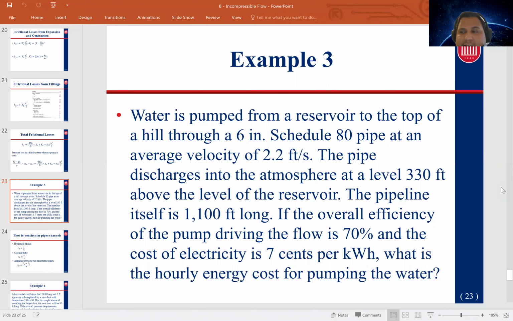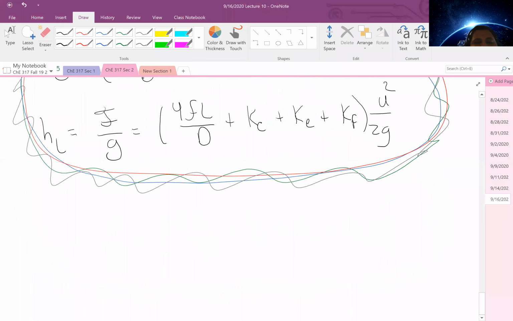And so on your homework this week on that synthesis assignment, when I've asked you to develop a flow chart to solve particular problems, this is the type of problem I have in mind, particularly these fully fledged mechanical energy balance problems with friction included. All right, so let's see with the rest of class today if we can get through this problem together.